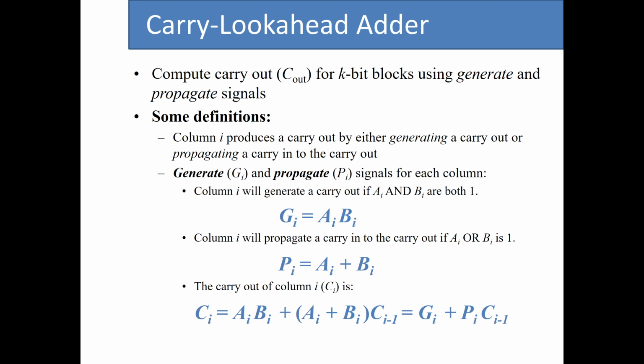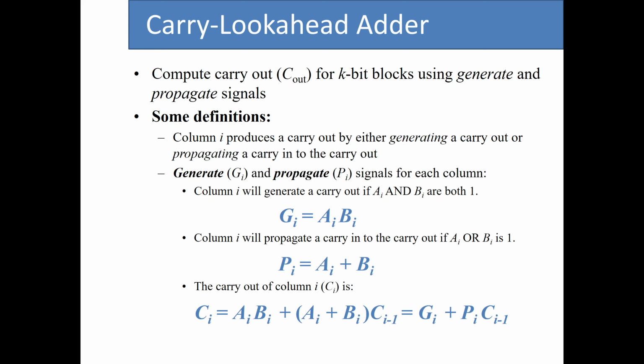So let's just go over the definitions one more time. We say that column i produces a carry either by generating a carry itself or propagating a carry from a previous stage. Based on this, we create two signals for each set of bits.